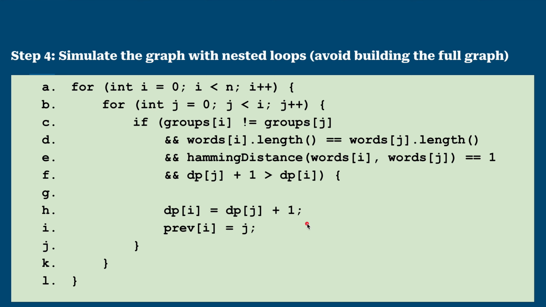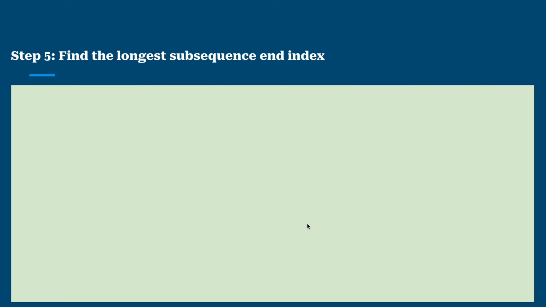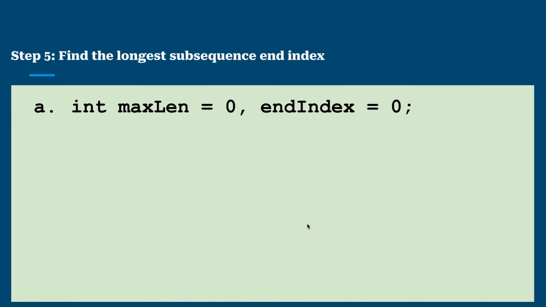Now think about the longest subsequence that ends at an index. How are we going to find it? For that we define two variables, let's say max length and end index.